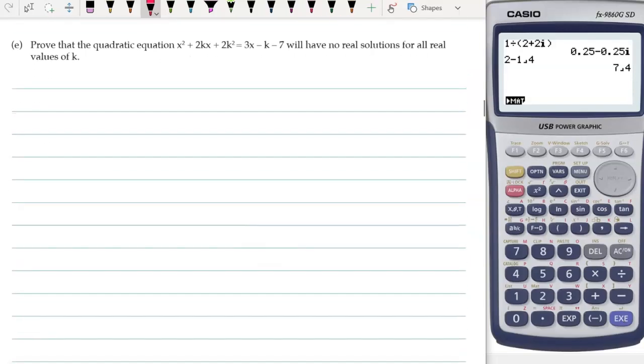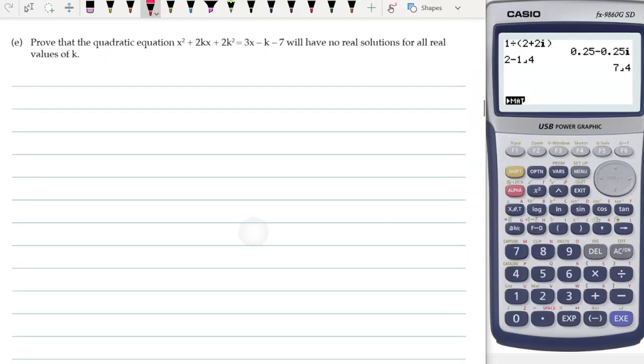Okay, the last one. We want to show that this will have no real solutions for all values of k. So if we're looking for types of solutions, we need b squared minus 4ac. First, I'm going to need to put that into a quadratic form, so we have everything on the left equal to 0.